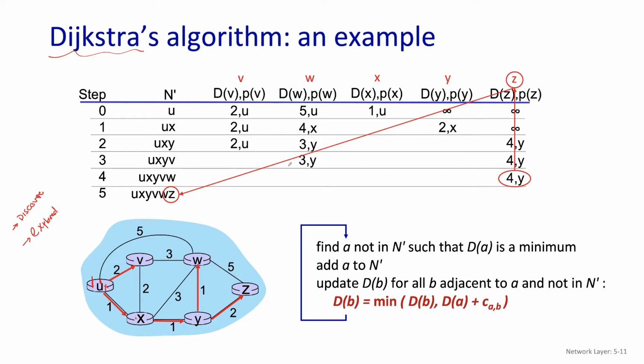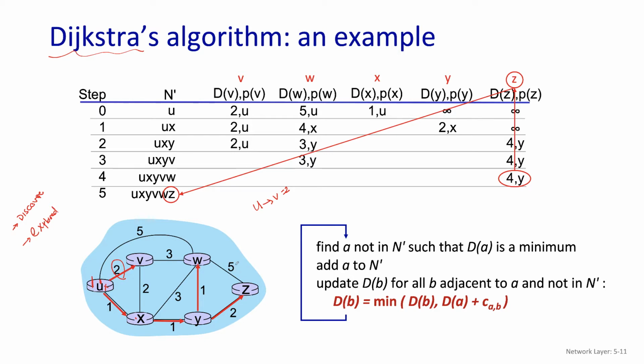Now, since you're already done with all these things, you can write down any path that you want. So let's go with, if you want to move from U to V, right? You know that the least cost for you is 2, therefore you are using this one.